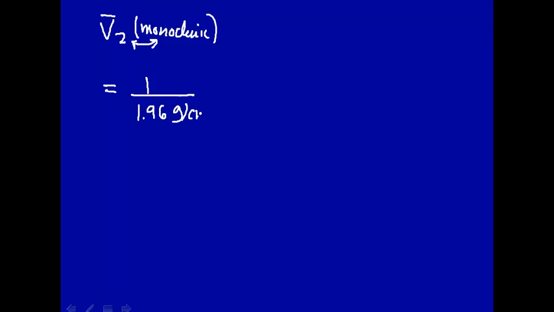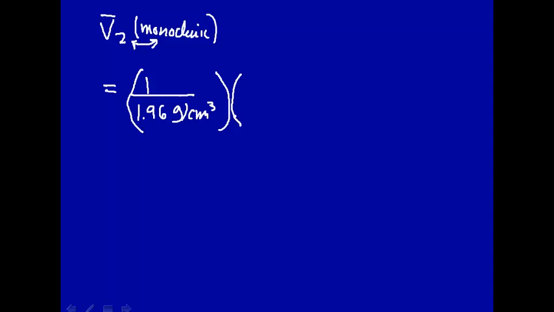So again, V2, say this will correspond to the monoclinic. That is equal to 1 over the density, which is 1.96 gram per centimeter cubed.